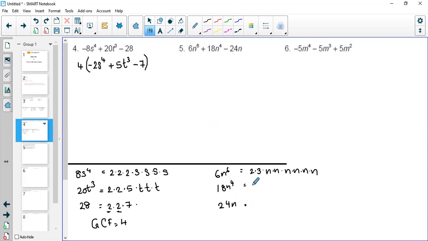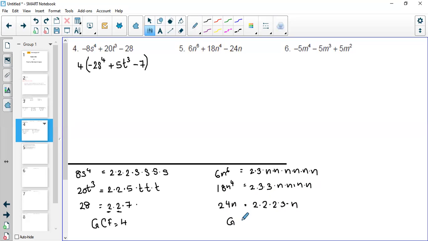And here we have 2 multiplied by 3 multiplied by 3, and n 4 times. And then we are doing the prime factorization for 24, so I could say 2 multiplied by 2 multiplied by 2, so 2 2s are 4, 4 2s are 8, 8 3s will give me 24, and an n.